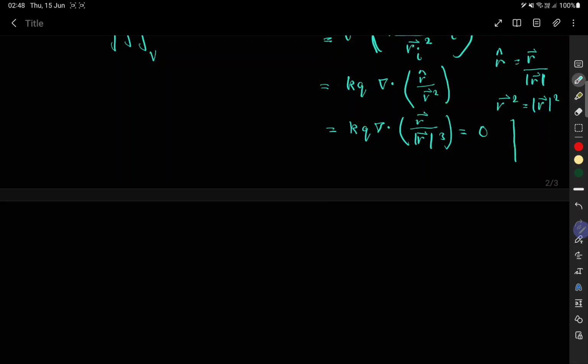That is only possible when r is not equal to 0, because as you can see, we're dividing by the magnitude of r. So whenever the magnitude of r is equal to 0, this entire value kind of explodes. That implies that there's a lot of concentrated things at our center.